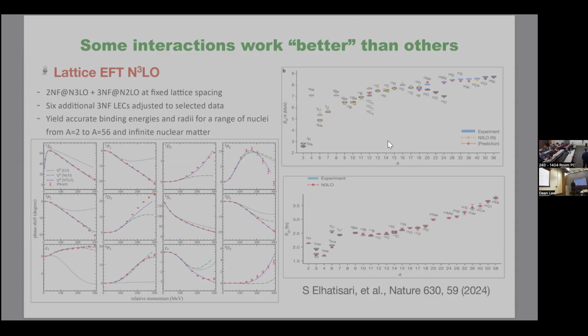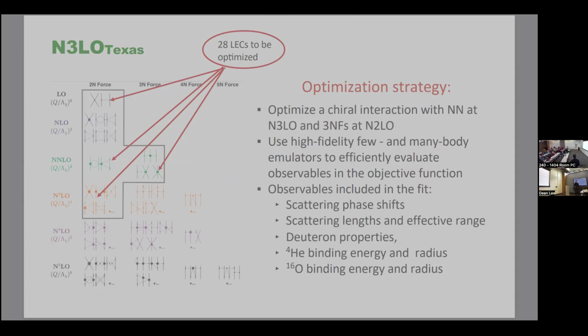So motivated by this, we set out to see if we can do a similar kind of study here. Taking the NN force at N3LO, while taking the three-body force at next-to-leading order, this amounts to having 28 low-energy constants that we need to fit to certain data, and we use high-fidelity emulators for nuclear scattering, few-body calculations in the triton and helium-4, and we also used coupled cluster emulators for computation of oxygen-16 properties, including both the binding energy and the radius of this nucleus.